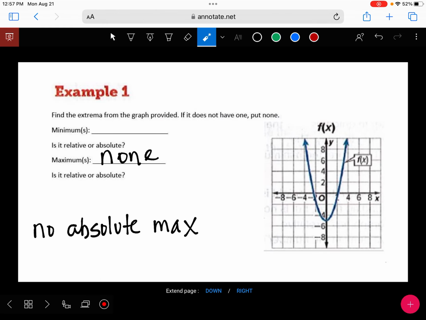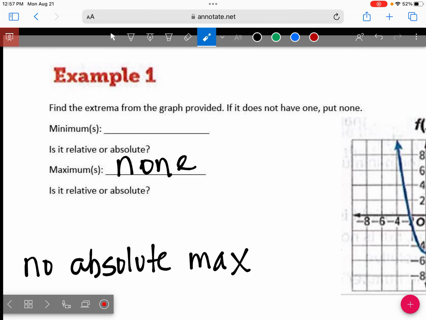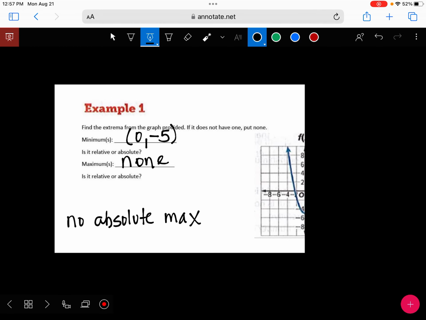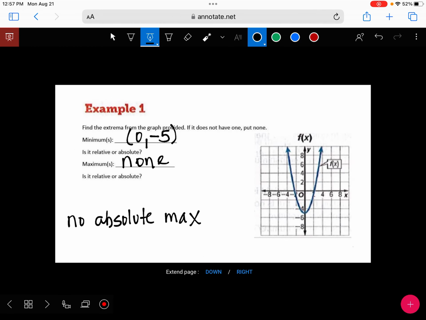So -5, 0, -5 is your lowest point, and there is no point lower than that. So that is called an absolute minimum. So go ahead and circle absolute. Any questions about how we did that? All right, let's look at another graph.